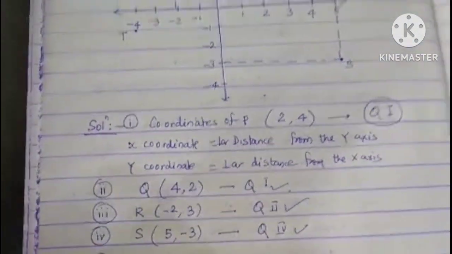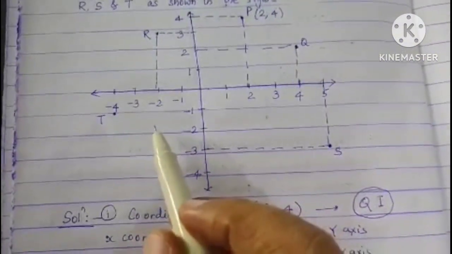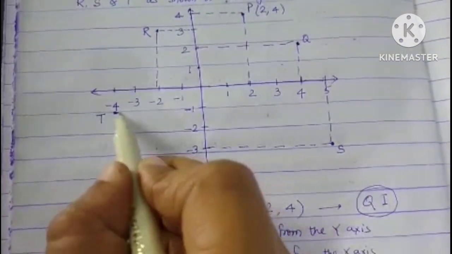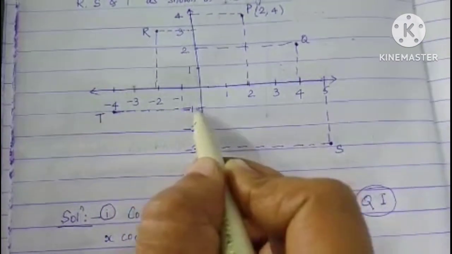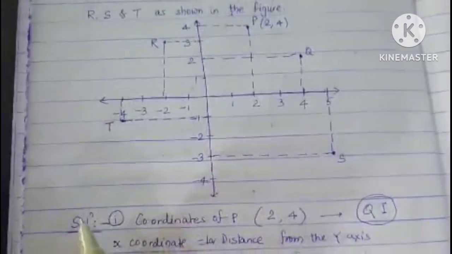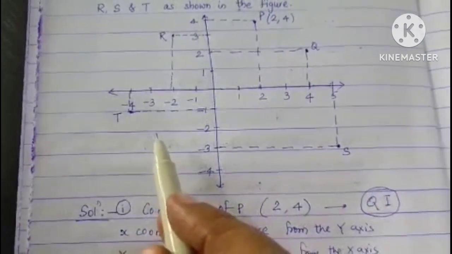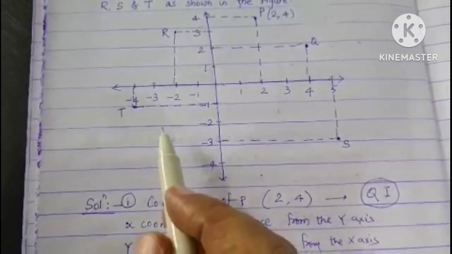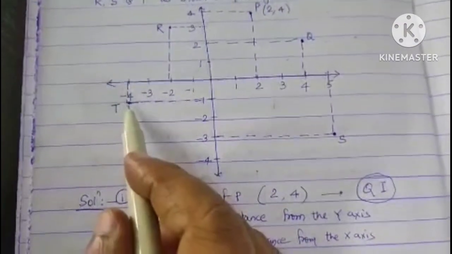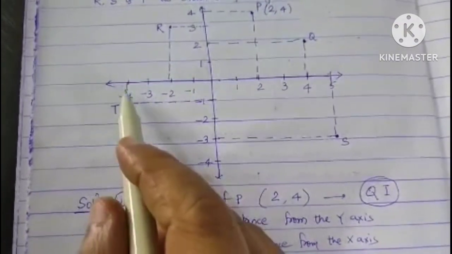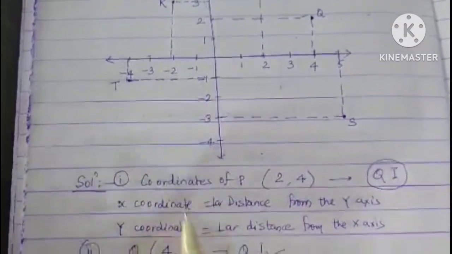Now we will see this one. This one is point T. This point T is lying here, if you can see. So this point T is lying in the third quadrant. In the third quadrant both the coordinates will be negative. So this x coordinate will be minus 4 and the y coordinate will be minus 1.